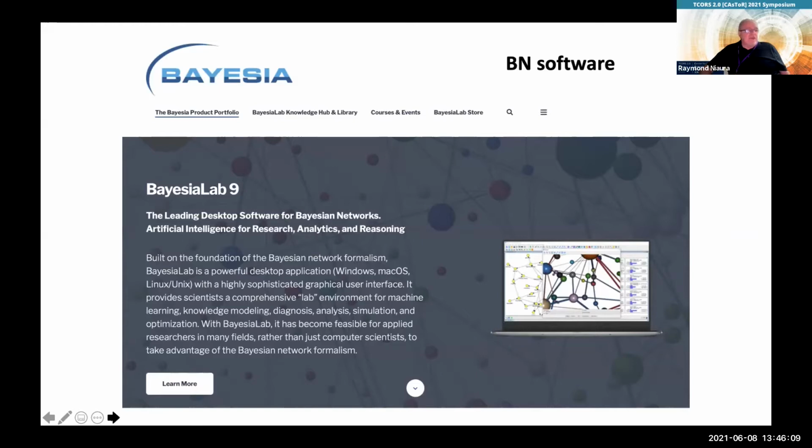This is proprietary software, but it's $700 a year for academics, so it's not terribly priced. But you can do Bayesian network analysis with other free software packages. For example, you can do it in R with packages bnlearn and Shiny BN.